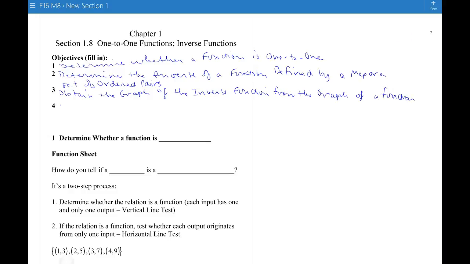And number 4 is going to be find the inverse of a function defined by an equation.